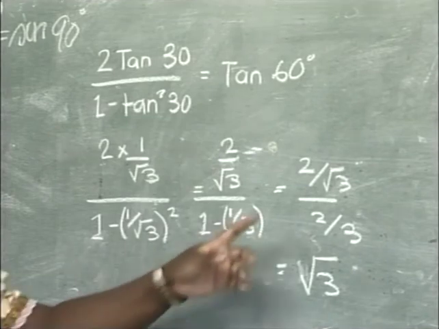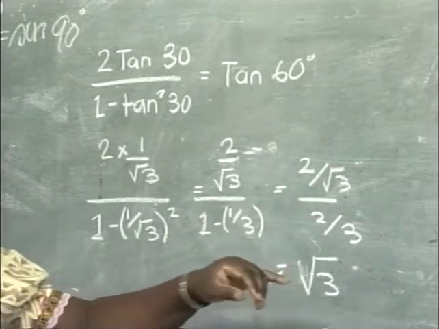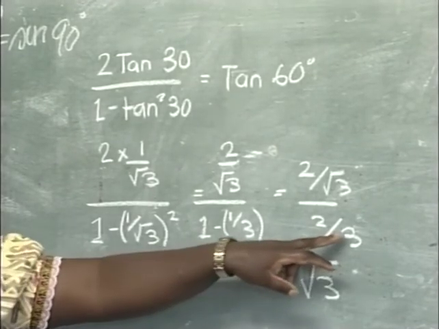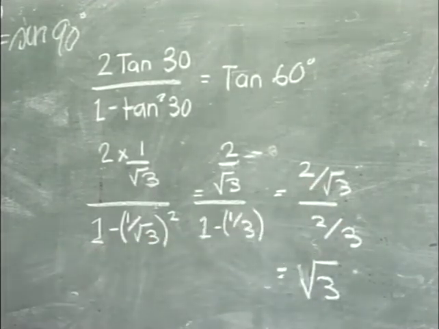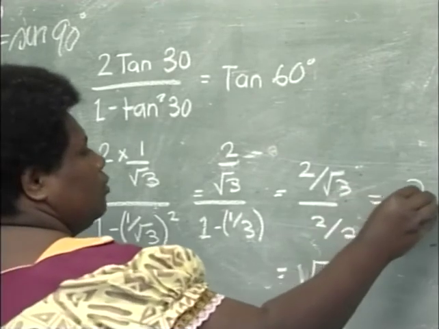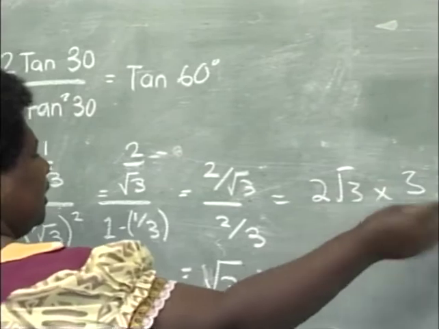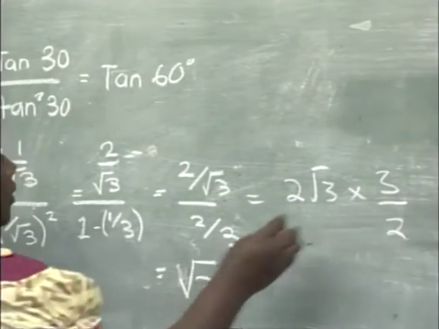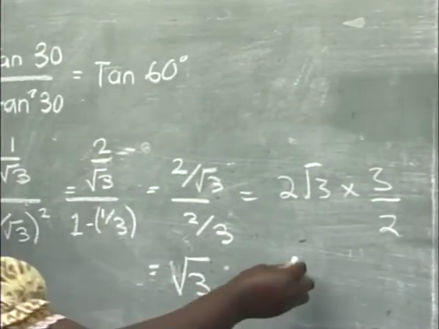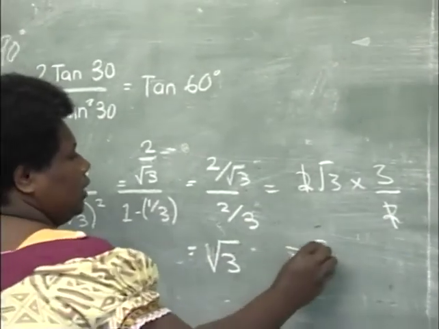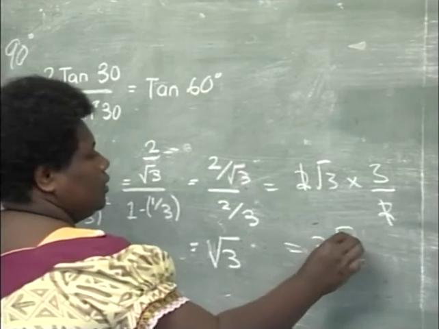Clear? So 2 on root 3 over 2/3, if you invert and multiply, we get 2 on root 3 multiplied by 3 on 2. You will get 2 on 2, and this one is 3 root 3.